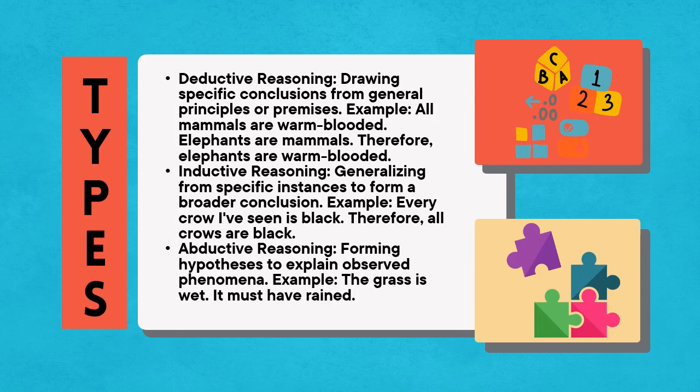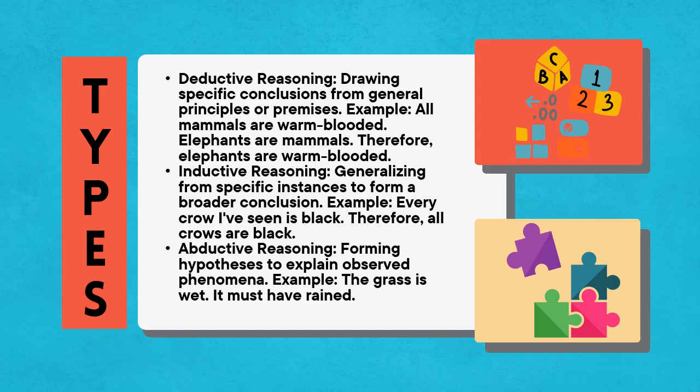So, reasoning is classified on the basis of these: deductive reasoning, inductive, and abductive. So, the most important point I would like to highlight here with respect to reasoning and logical reasoning is how deductive reasoning challenges uncertainty.